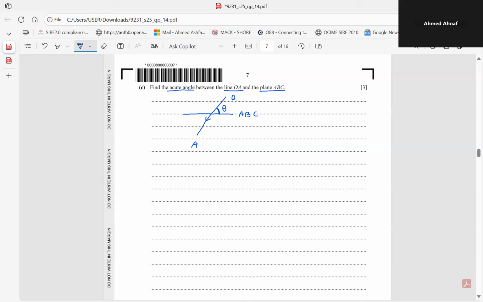To find this angle, we're going to find the angle between the normal of the plane and OA. So this would obviously be 90 minus theta, because the normal of the plane is perpendicular to the plane.